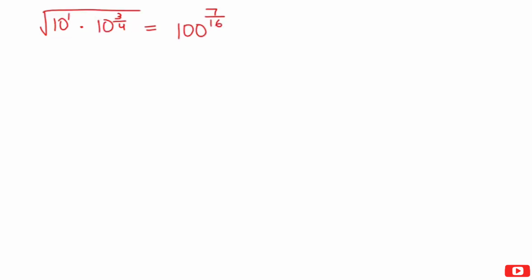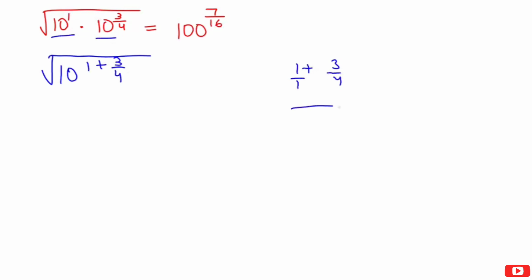Now we have the 1 power. Again, we have the same base, so we are going to add up the powers here. Root 10 to the power of 1 plus 3/4. So 1 plus 3/4, as I solve, here I will get 4 plus 3 is equal to 7/4.